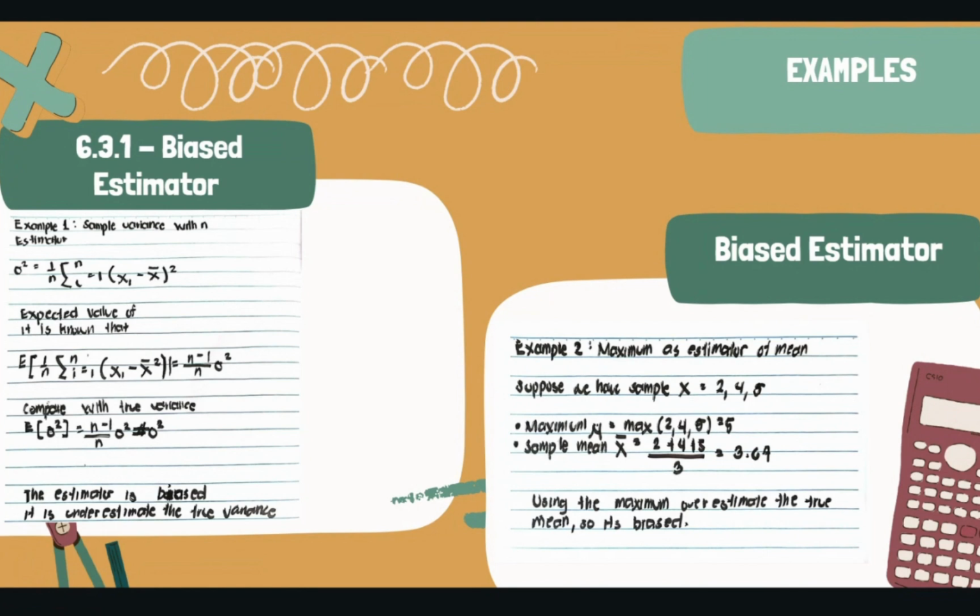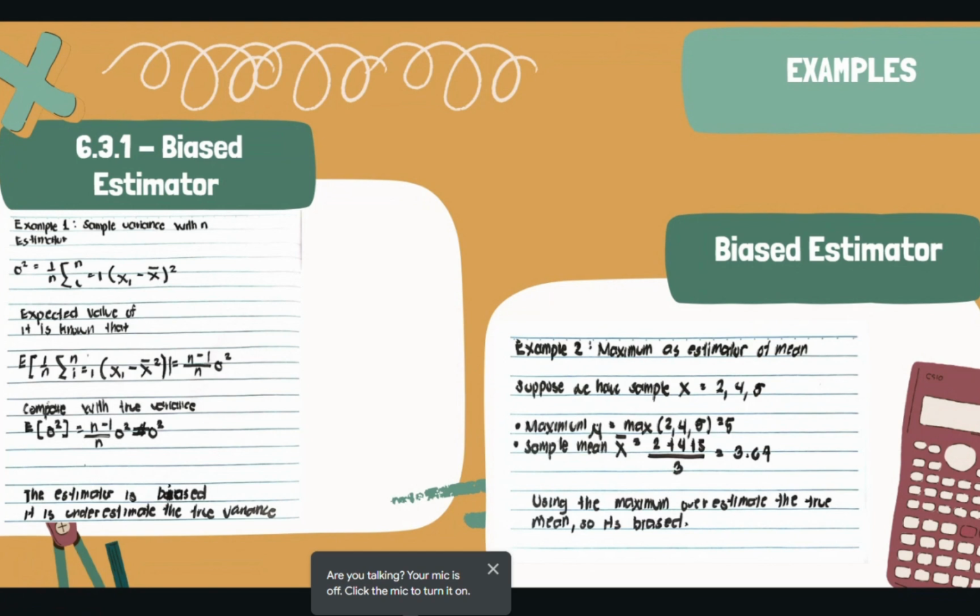The example 2 is the maximum as an estimator of the mean. Suppose we have sample x equals 2, 4, and 5. The maximum value is 5. The sample mean is equal to 2 plus 4 plus 5 over 3, which is 3.67.